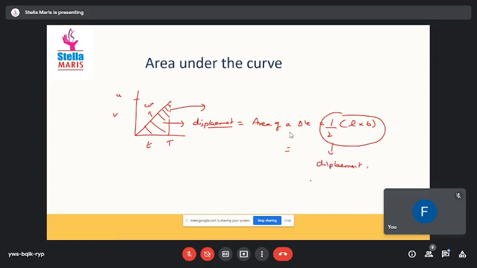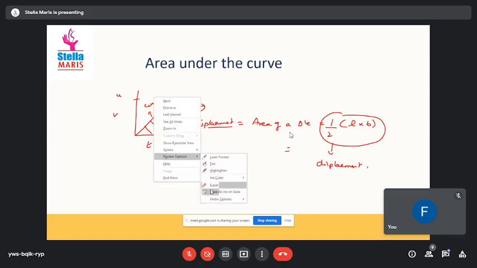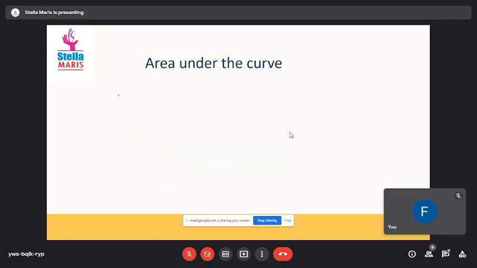You can find this out through calculus also. Using calculus, what is velocity? That is instantaneous velocity, dx by dt, right?